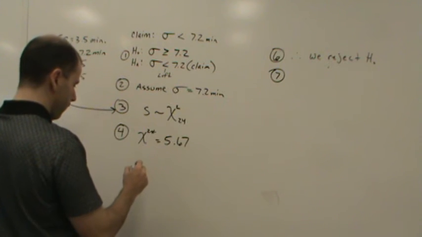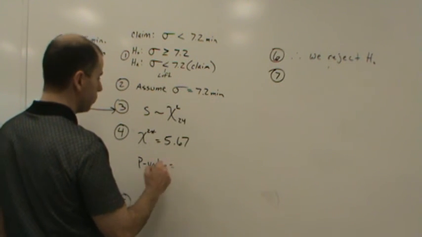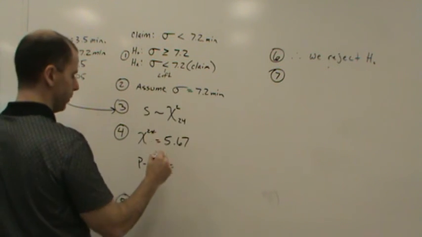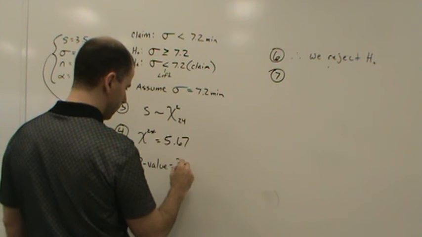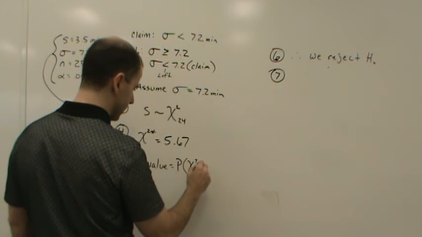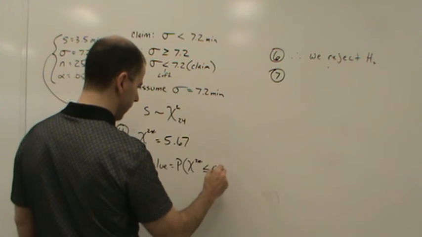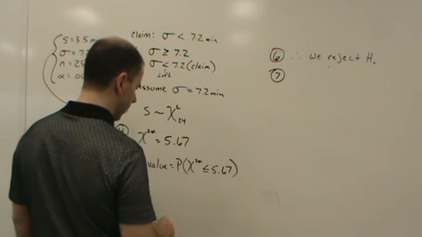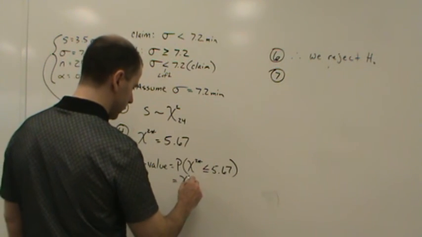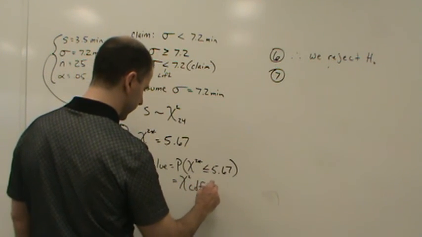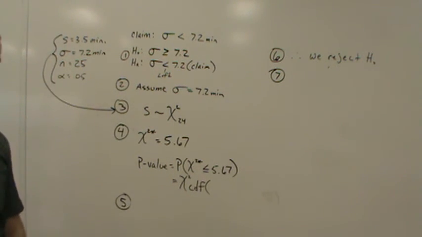Since our p-value is the probability of being less than or equal to our test statistic, it's the probability that chi-squared star is less than or equal to 5.67. To find that probability, we're going to use chi-squared CDF on our calculator, and put in the lower bound, upper bound, and the degrees of freedom.